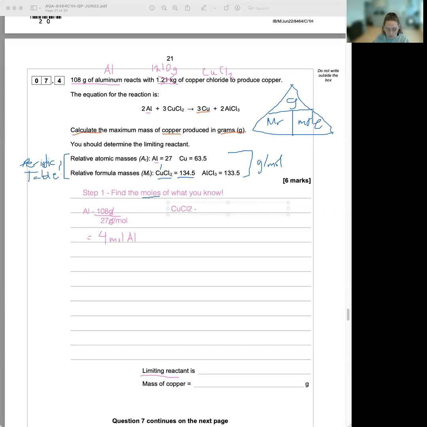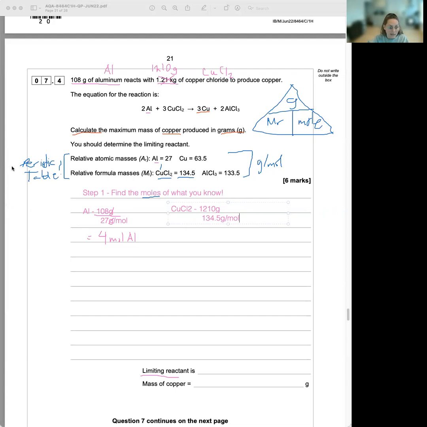The mass of that was 1210 grams, and the MR for CuCl2 is 134.5. If I could type, it would help. And again, that's from the periodic table, so I know that's how many grams per mole it is.